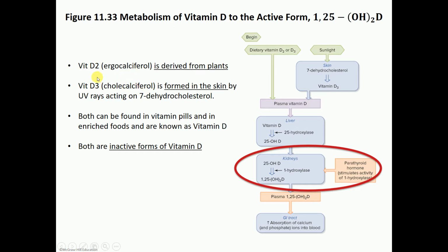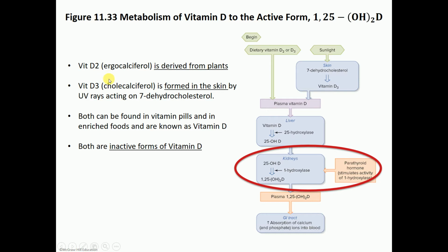Cholecalciferol, on the other hand, which is vitamin D3, is formed in the skin. So we do not take that in. What happens is that 7-dehydrocholesterol, which is a kind of cholesterol molecule that has been changed a little bit, when it's underneath the skin and we are exposed to sunlight, the ultraviolet rays that are absorbed will change 7-dehydrocholesterol into cholecalciferol, also known as vitamin D3, as I mentioned.